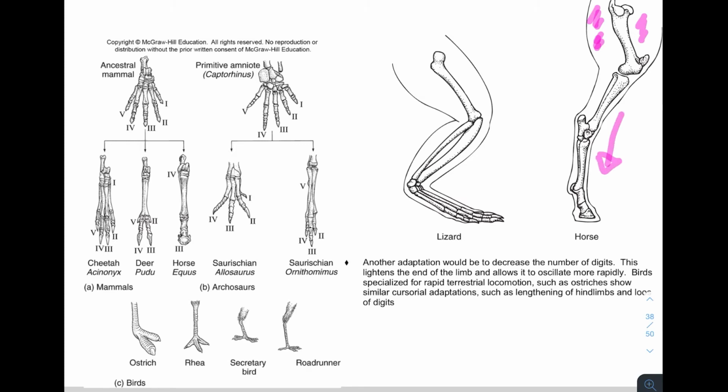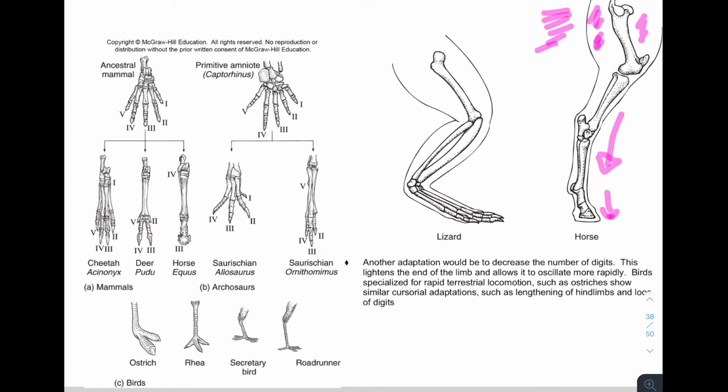Now, the reason for this is because we want to decrease the weight of the limb down here, and we want to increase the power of the movement as this limb swings up at the attachment to the girdle.